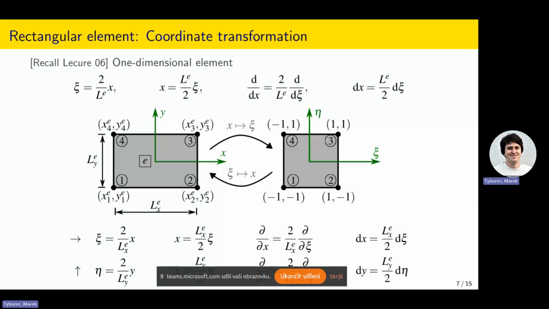We call it N1, where 1 is the index of the node where the value is 1. Then N2, the shape function, is like this, so we get 0, 1 over the element.